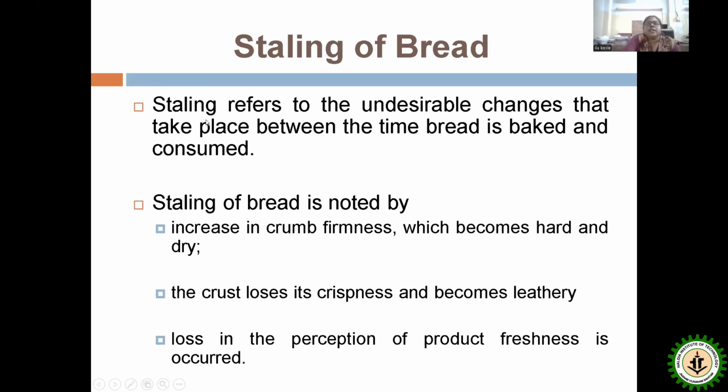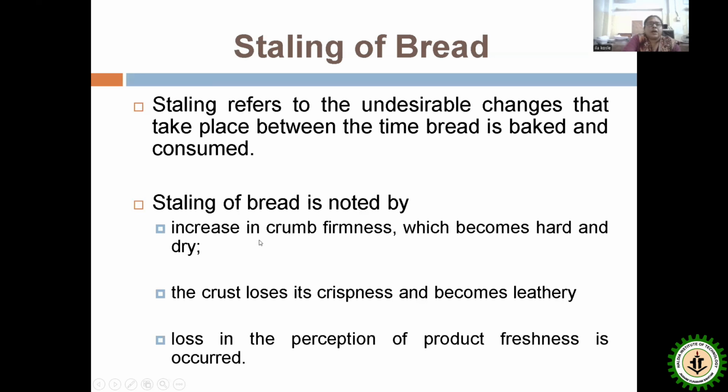Now, staling refers to the undesirable changes that take place between the time the bread is baked in the oven and it is consumed. The staling of bread is noted by an increase in crumb hardness, which becomes hard and dry. The crust, which is usually crisp in nature, loses its crispness and gradually becomes leathery.